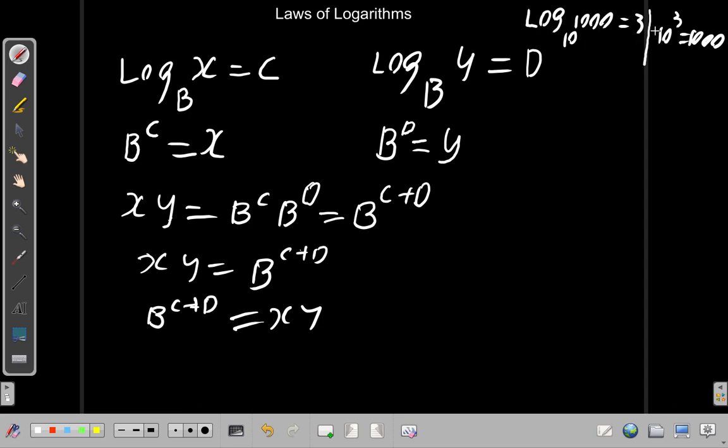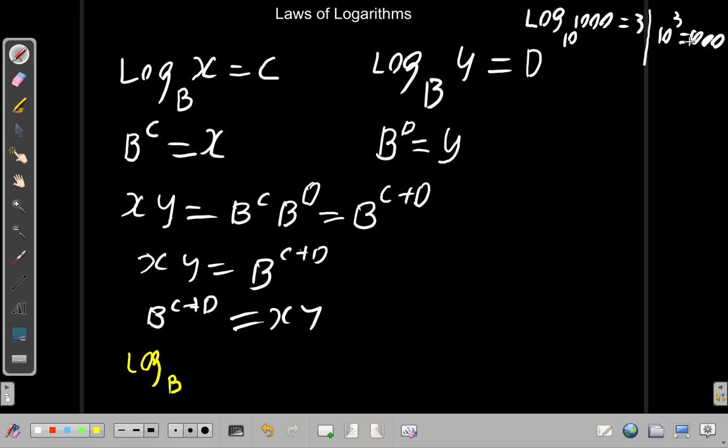Notice that in index form, you raise 10 to the 3. You are raising 10 to the power. In log form, it is the base. So you say log of b is what you're raising to the power in index form. So in log form, it is the base. It should be the base in both log and index form. Here, you're finding the log of 1,000.